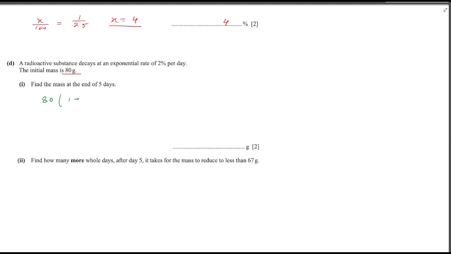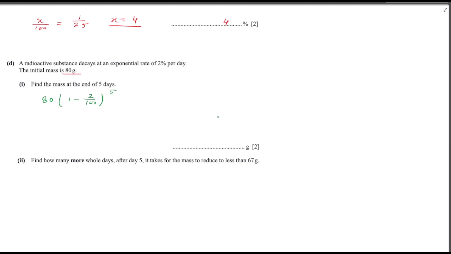It is decaying, so it is decreasing: 1 minus 2 divided by 100, for 5 days, so it is power 5. So we will use the formula for exponential decay, or we can say the compound interest formula. So it is 80 times 1 minus 2 divided by 100, the whole power 5.